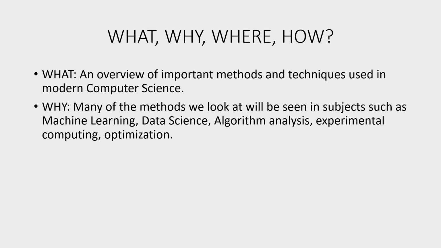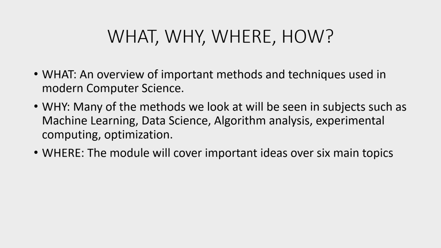Why are we looking at these? Well, the main reason is that many of the methods we'll be looking at, you're going to need, you're going to meet not much later on in the program of study. So this will be in subjects such as machine learning, data science, algorithm analysis, an idea called experimental computing, and in optimization.